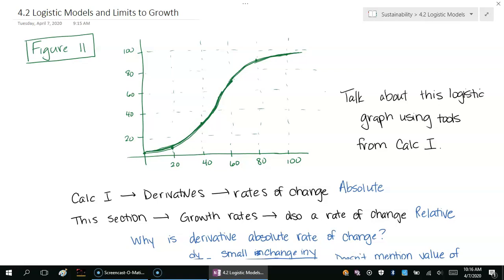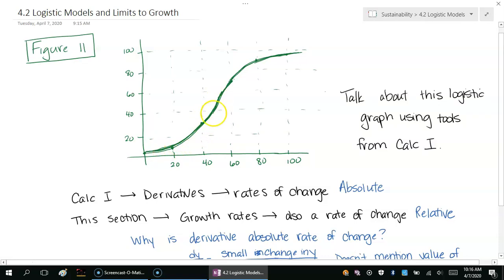So what we'll find is that this curve, even though it's quite shallow at the beginning, has high growth rates at the beginning. The absolute rates of change are going to be small, but because the y values are also small, the relative rates of change will be big. And that's part of the logistic growth curve, it starts out with a large relative growth rate, even though the graph is quite flat.